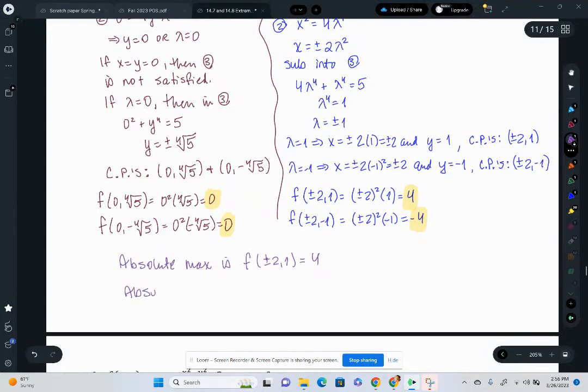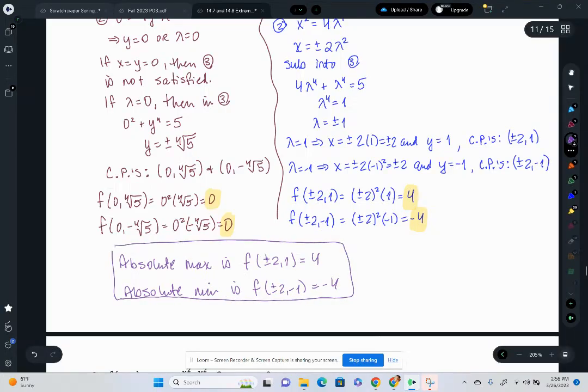And our absolute min is f of plus or minus 2 with negative 1, and that gives us negative 4. And those are our final answers. This is all that work to put a box around a 2-line statement. That's it. Okay. Now, the critical points that gave us function values of 0, those are something, but they're not the absolute extremes. So we're not really interested in them.